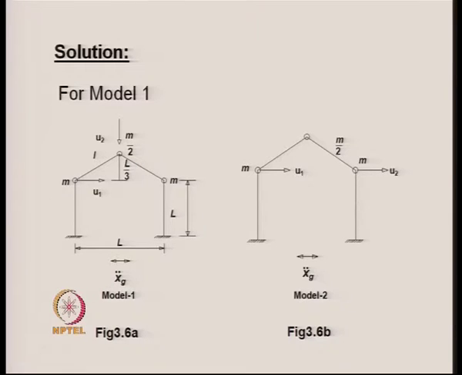So, in a similar fashion, one can obtain the mass matrix for the second model, that is model 2, and here we have the degrees of freedom which are defined like this, that is, 1 degree of freedom over here, other degree of freedom over here.